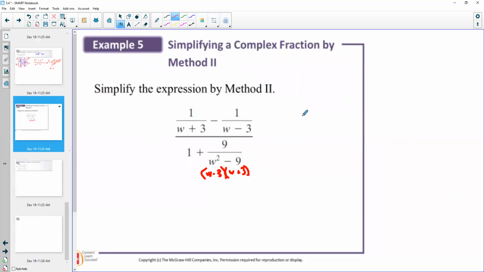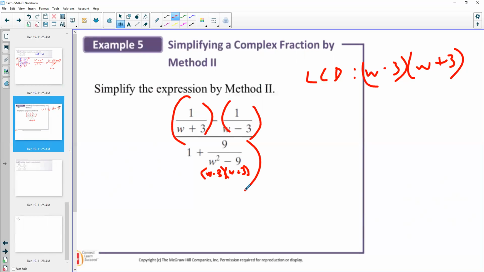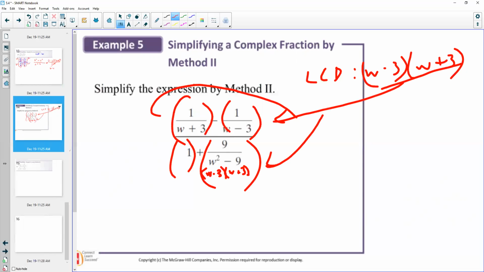Okay, so this is the least common denominator. Okay, so multiply the top and the bottom by that least common denominator, everything. It's gonna look crazy, but you're gonna know that that's what's going on in each of these places, okay?